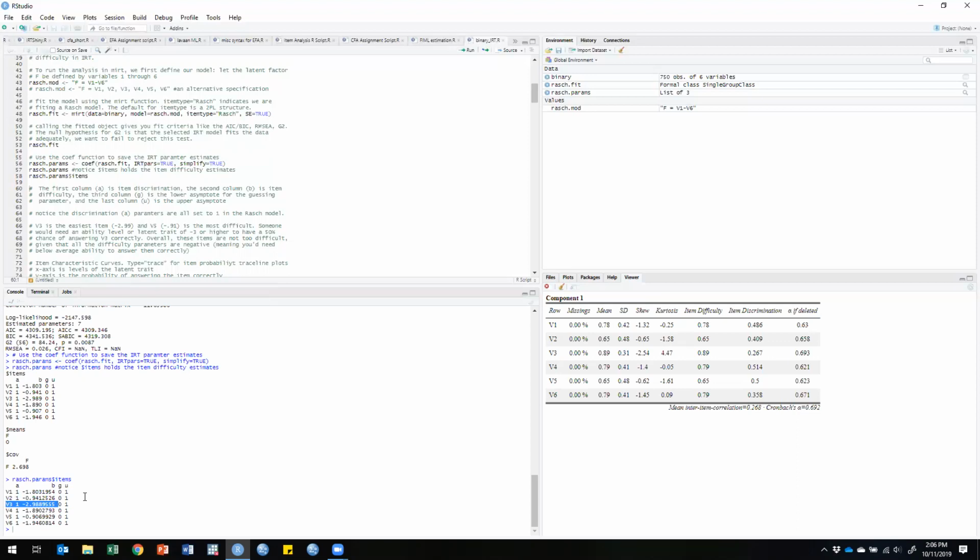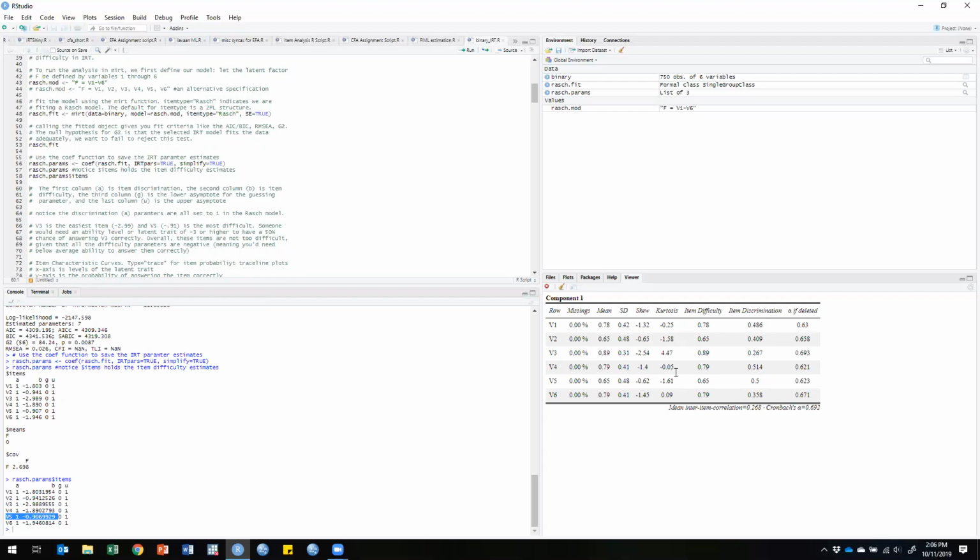You would need a latent ability of around negative 3 in order to have a 50% chance of getting question 3 correctly. And question 5 would be the most difficult. You would need a latent ability of around negative 0.9 in order to have a 50% chance of answering question 5 correctly.